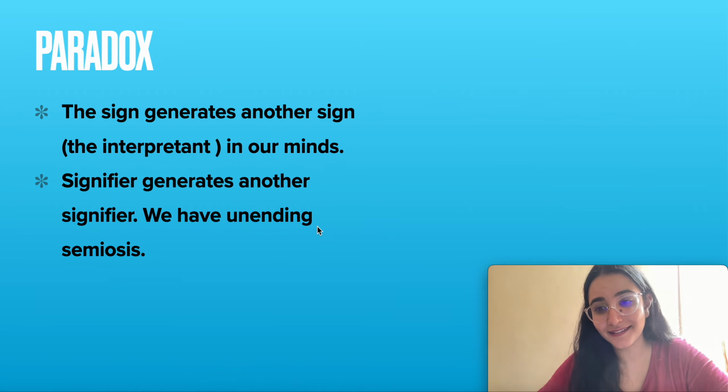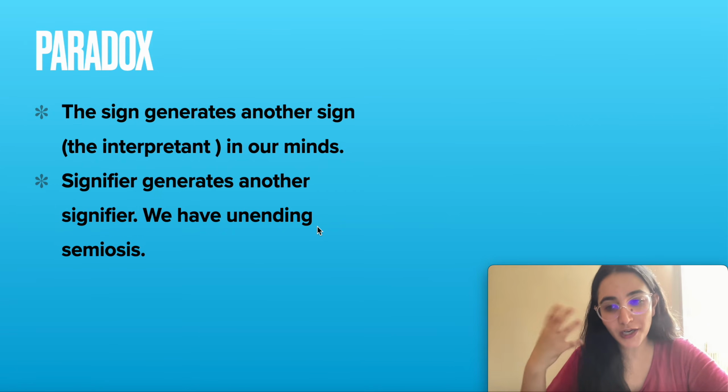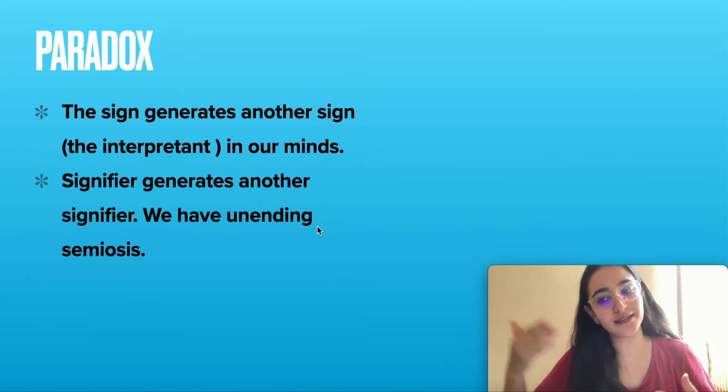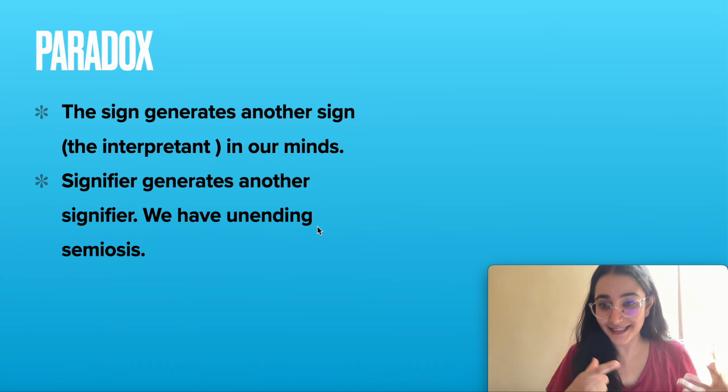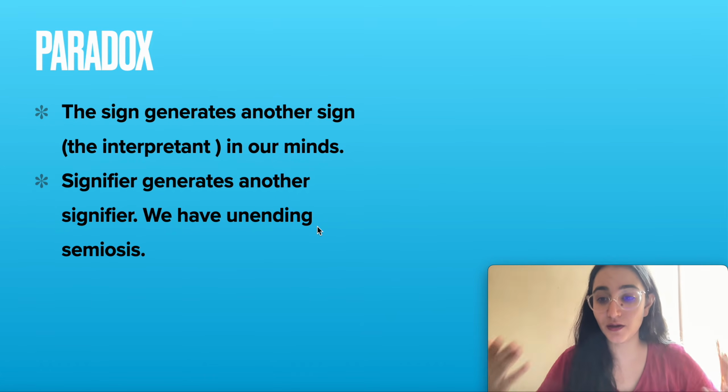And the meaning is postponed, it is delayed. All you have are signifiers, signifiers, signifiers. That is the paradox, and we will build on this when we do post-structuralism. The sign generates another sign in our minds. Signifier generates another signifier. So we have unending semiosis.